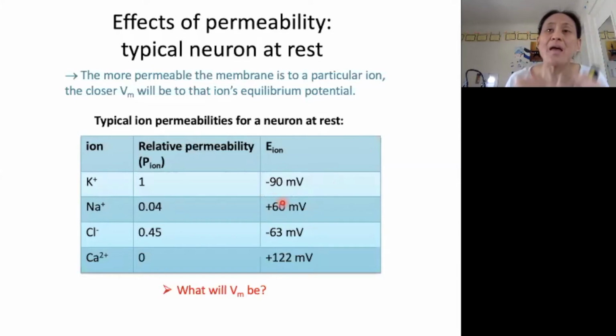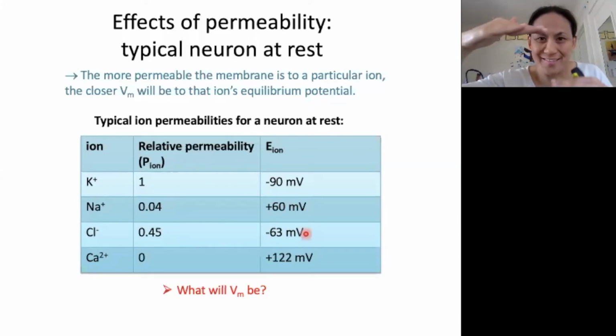potential. However, we do have these other ions that come into play, and we have some permeability to these other ions. And as you can see, both sodium and chloride have equilibrium potentials that are higher than negative 90 millivolts. So as they move towards their equilibria in a limited way, they are going to end up pulling that membrane potential a little higher.